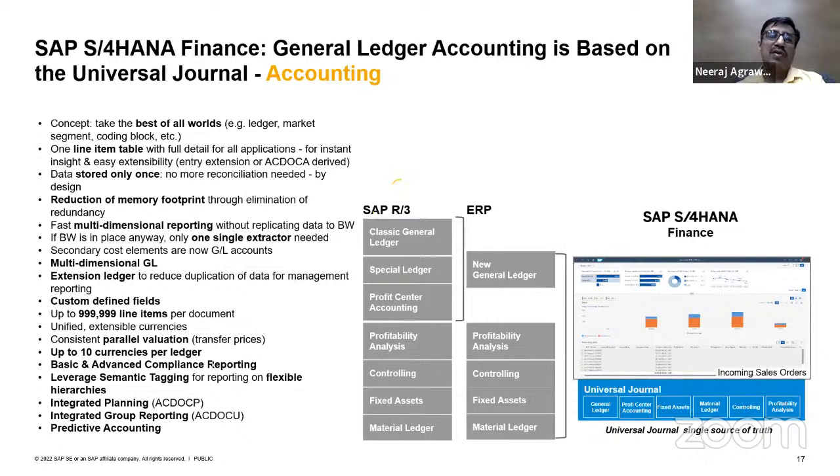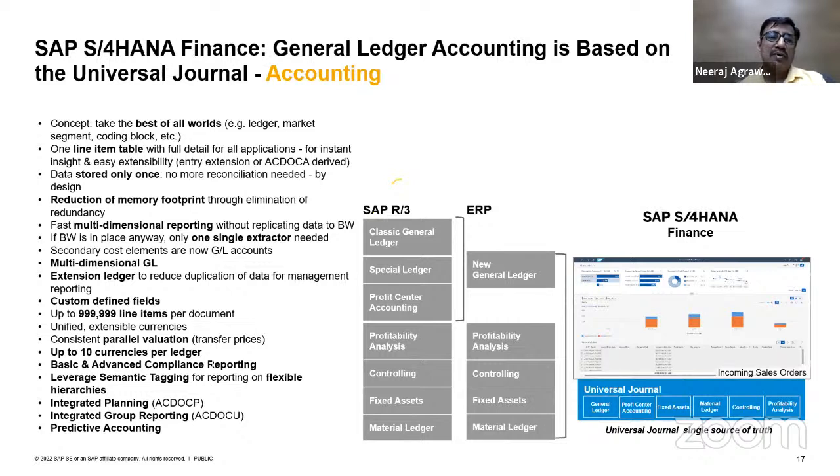And again, we have multiple ledgers: leading ledgers, standard ledgers, extension ledgers, where you can do reporting with minimal duplication of data, with different perspectives or for different purposes.